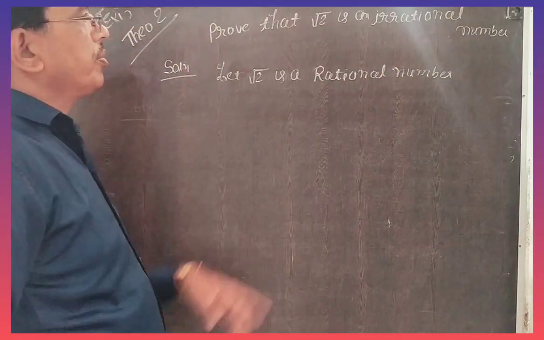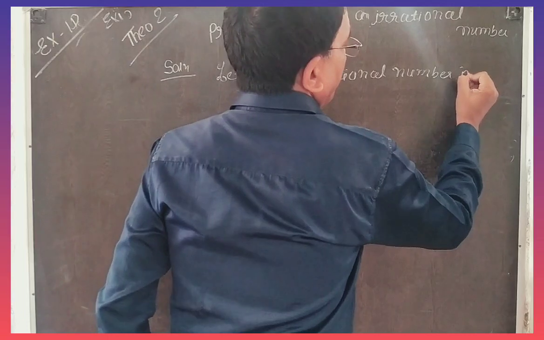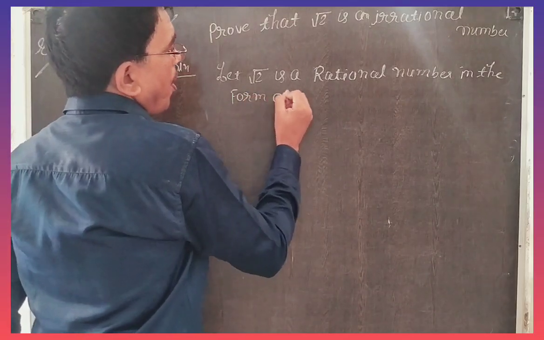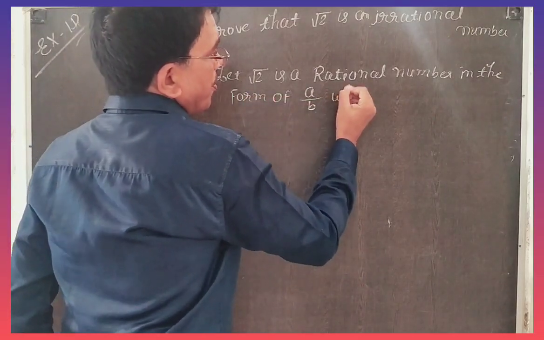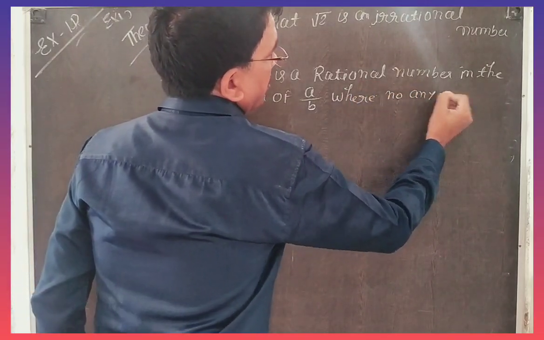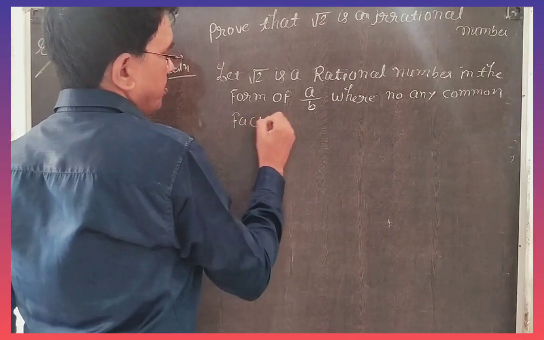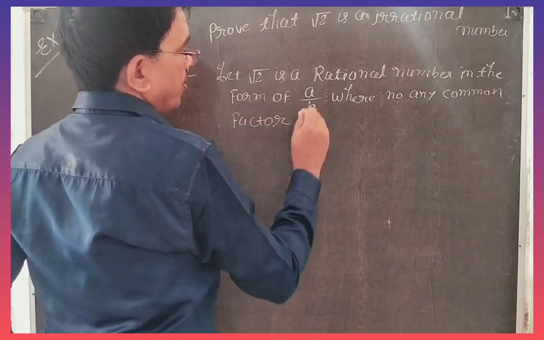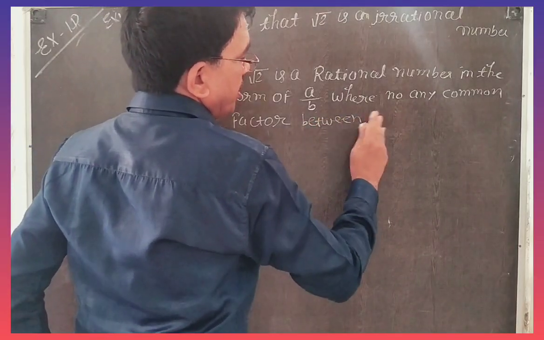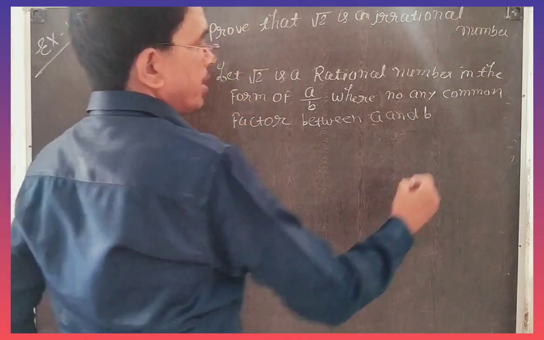Your question is to prove that root 2 is an irrational number, but you suppose root 2 is a rational number in the form of a by b, where there is no common factor between a and b other than 1.